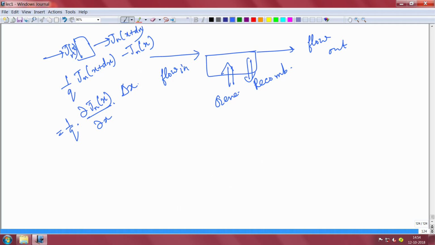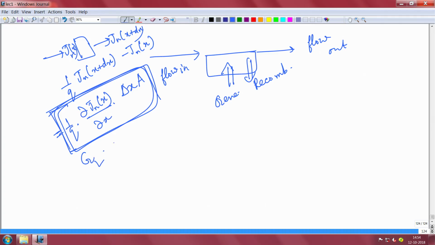Of course, this is the current density. If you want the total current, you have to multiply by the area A. Similarly, this is the total particle flow out minus flow in. GL is the optical generation rate, so this also has to be multiplied by delta x times A, which gives you the total generation rate.